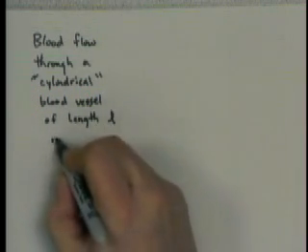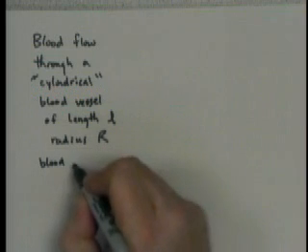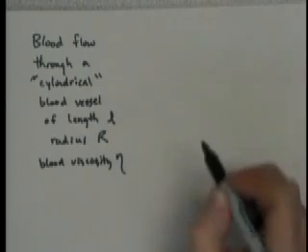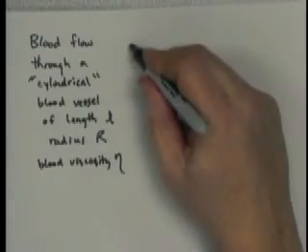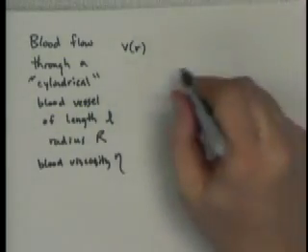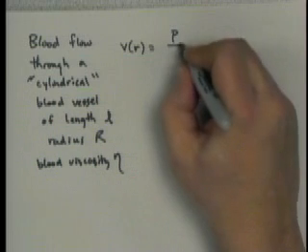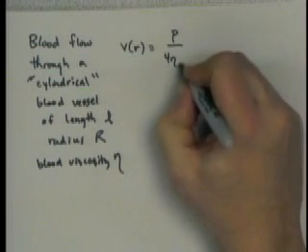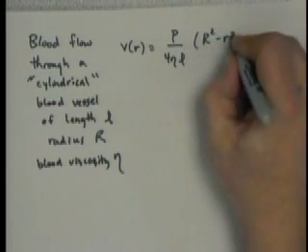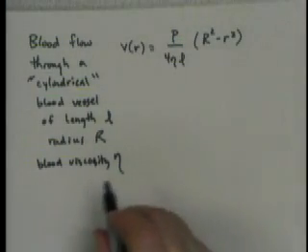Of length L, radius capital R, and blood has viscosity eta. Then we had velocity as a function of how far from the center of the blood vessel the blood was as you move your way towards the wall. It's P over 4 eta L times capital R squared minus little r squared. I guess I left out P for pressure.